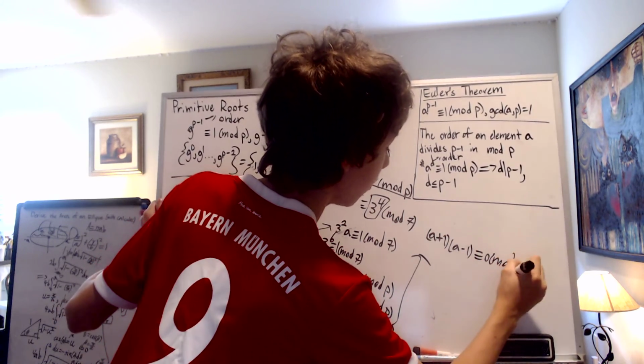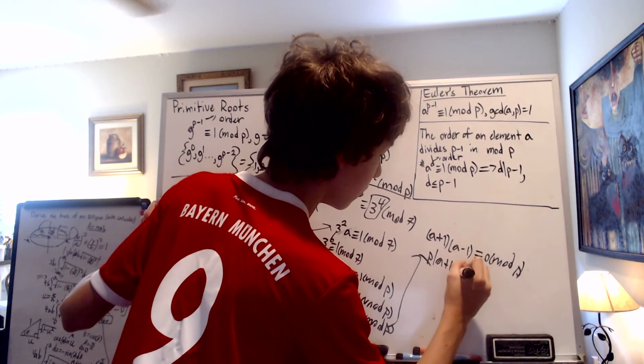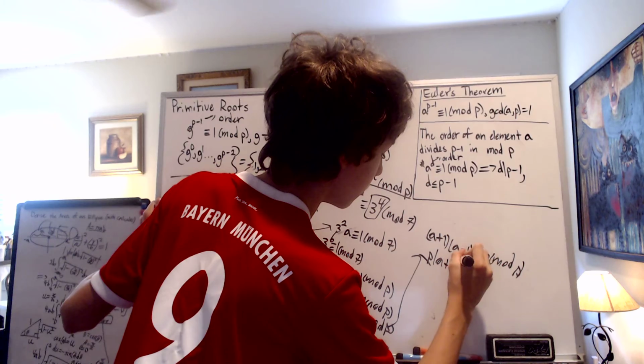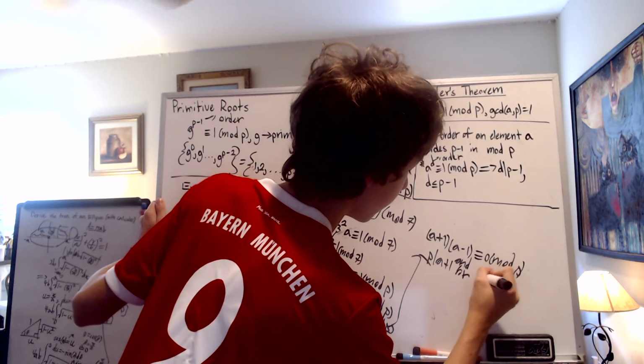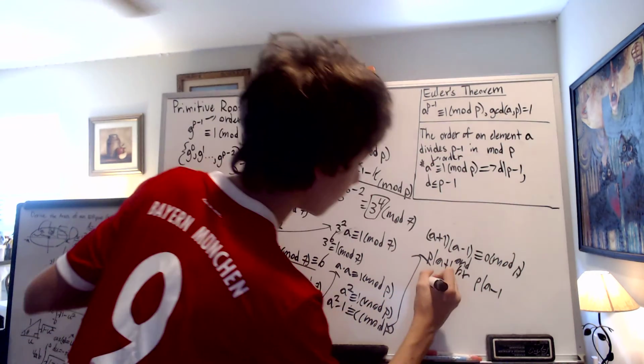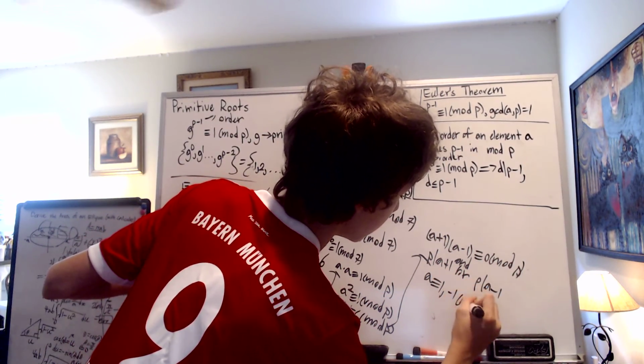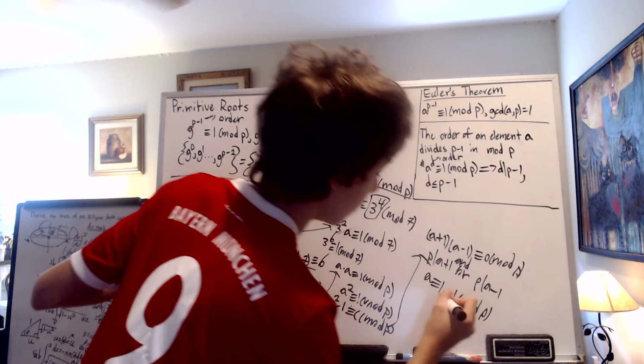And since p is a prime, either p divides a plus 1 and/or p divides a minus 1. And that tells us that a can be congruent to 1 or negative 1 mod p.